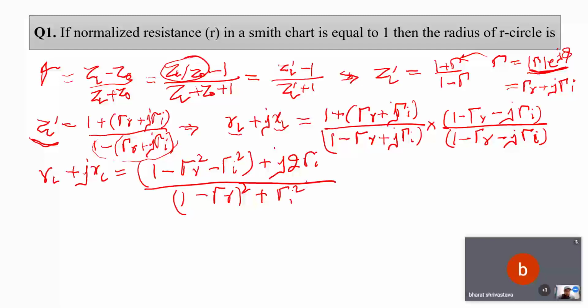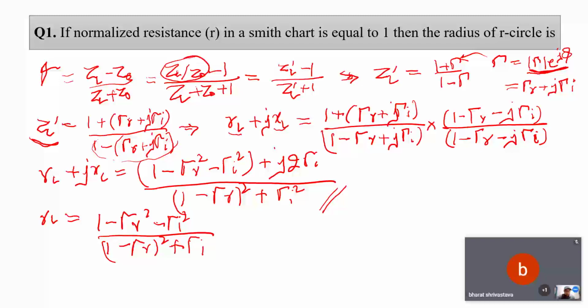Let us now equate the real and imaginary parts individually. So RL is defined as 1 minus gamma r square minus gamma I square over 1 minus gamma r square plus gamma I square.